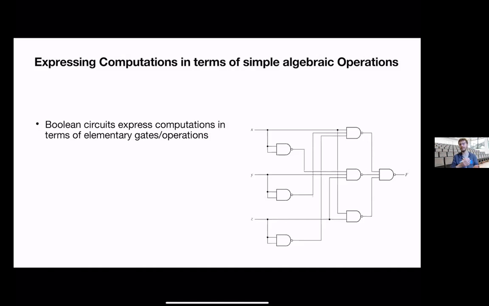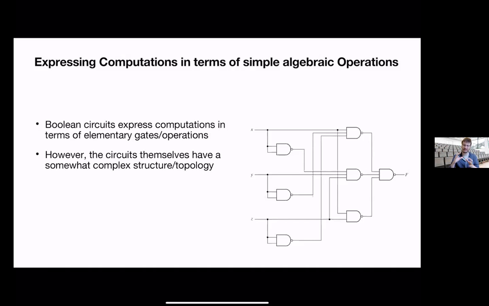You need to have wires between these gates, and that can introduce quite a complex topology. Boolean circuits can work using very simple gates. You can do everything just using NAND gates, but the wiring of these circuits is where all the sophistication of the circuit goes. And that is what makes these circuits a bit of a complex structure, with a complex topology of how the wiring is.